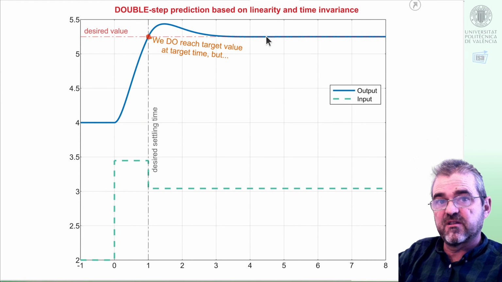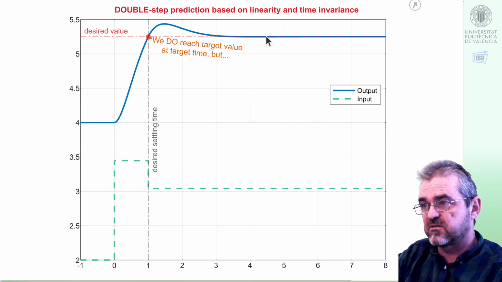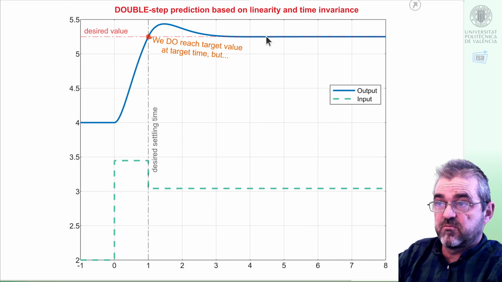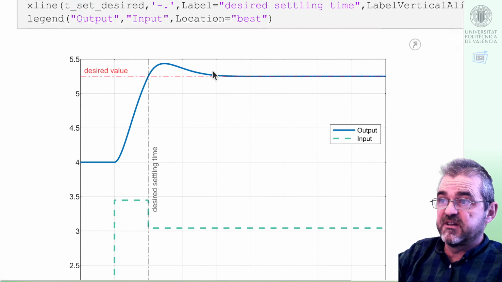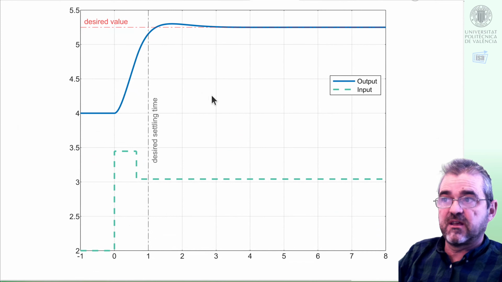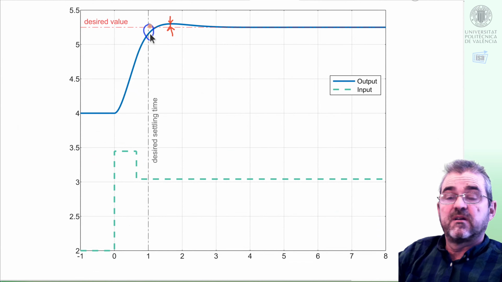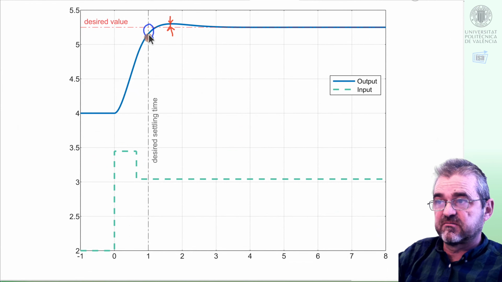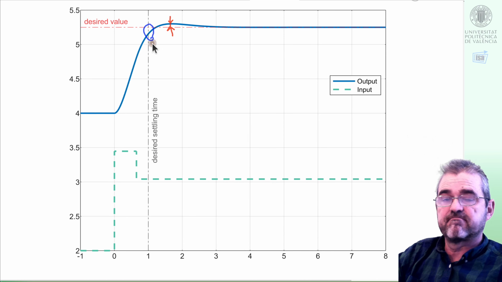So the methodology in the previous video does not apply to all possible linear dynamic systems, but it may be an approximately good enough solution in some applications. Moreover, if I know this fact of the inertia, so that I stop pushing before reaching the target position, then I get a trade-off between this overshoot and this lack of reaching the desired value at the exact instant I wish.